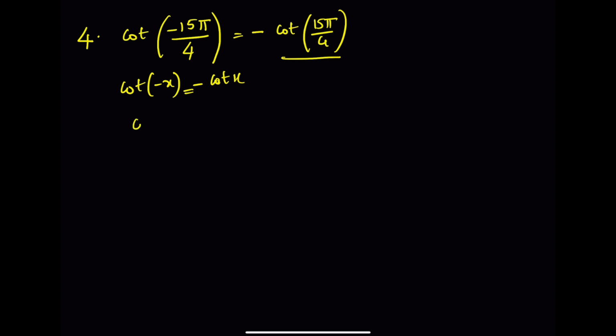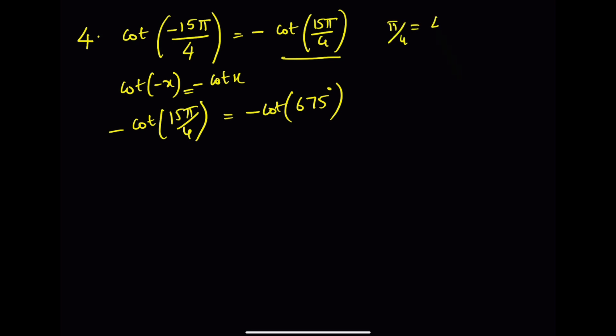So now cot of 15 pi by 4 is nothing but cot of 675 degrees. Please do the multiplication. Pi by 4 is 45 degrees. That multiplied by 15 is 675 degrees.